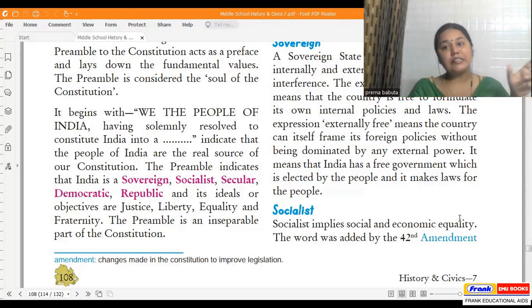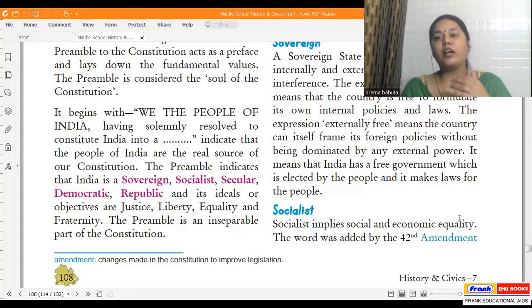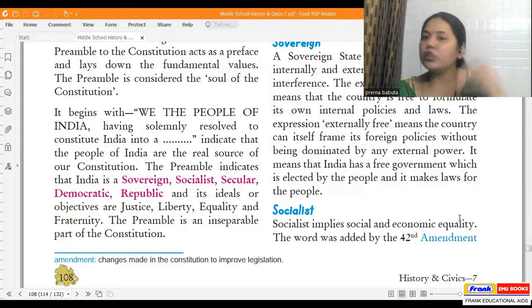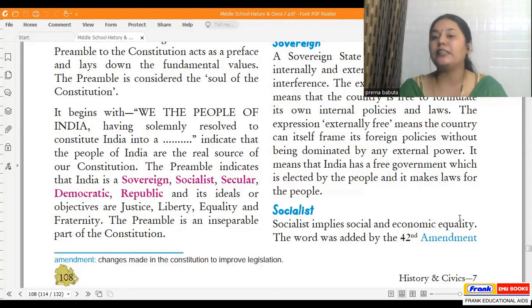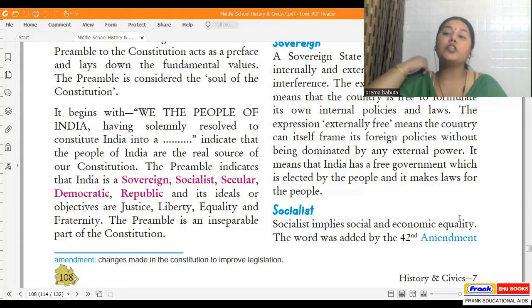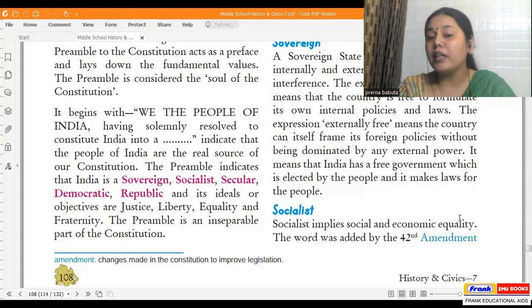So we cannot discriminate, saying that because you belong to a particular community, you will be paid less. No, that is hampering social and economic equality. So a socialist state is a state which establishes social as well as economic equality.